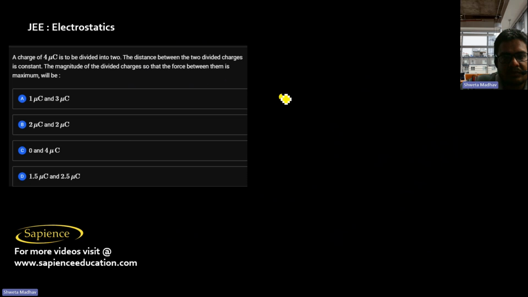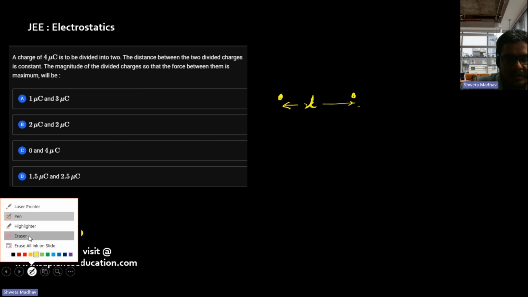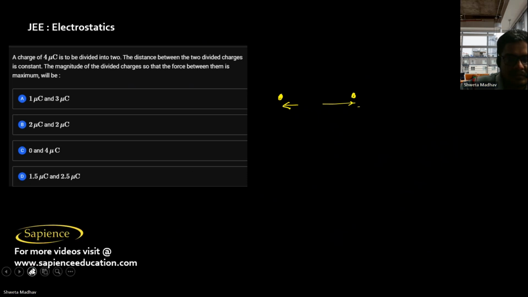So let's suppose they are kept at a distance L in between them.